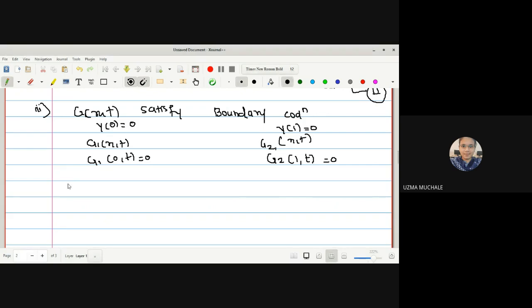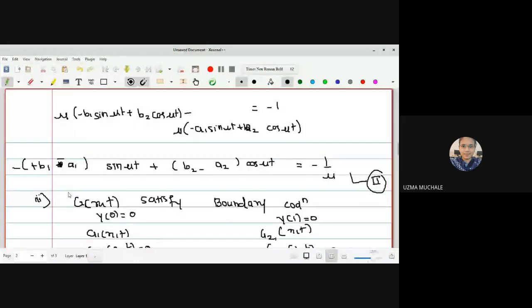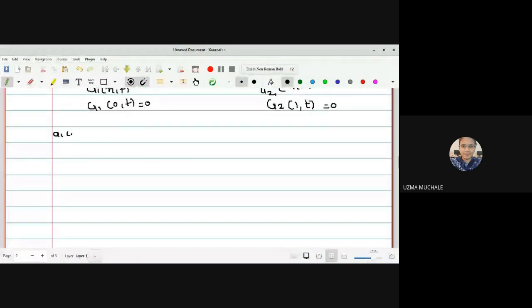Okay, what is your G1? We have calculated. G1 is a1 cos mu x plus a2 sin mu x. But here instead of x, you have to put it as 0. So here you get a1 cos 0, which is 1. So you get directly a1 as 0.